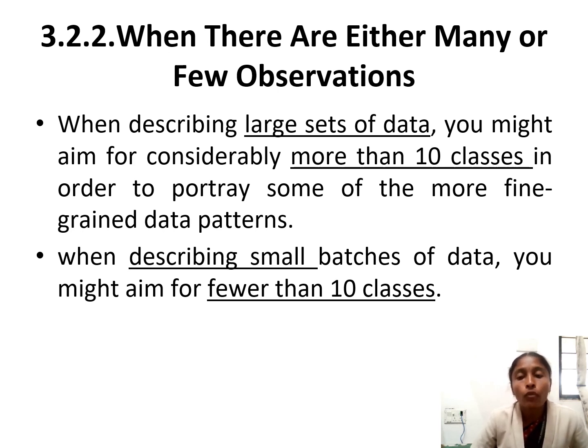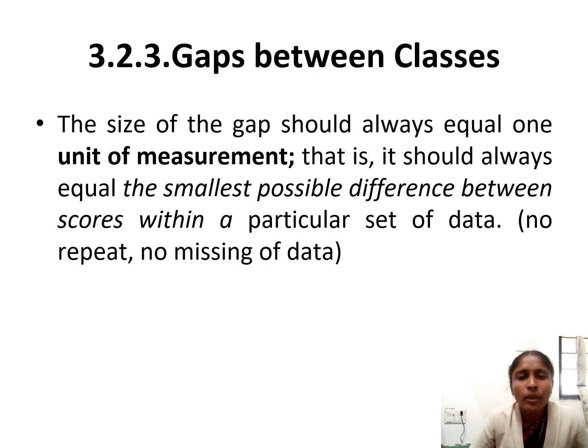So we should always keep this in mind. These are some of the basic rules we have to follow when we are finding a frequency distribution for grouped data. The gap between the classes: when we are categorizing the data and dividing the classes, we have to follow gap intervals between the classes. The interval between the classes should be uniform.